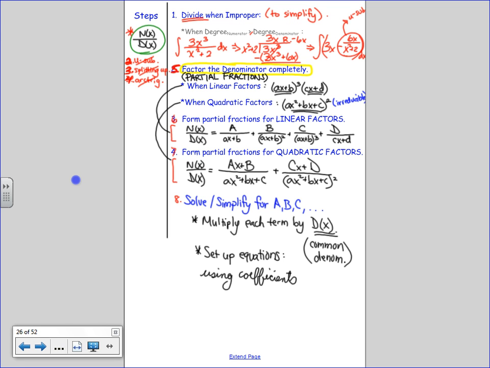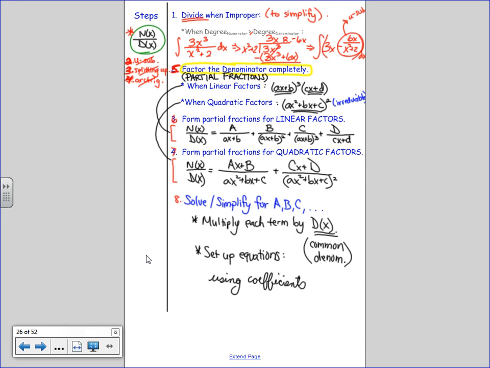We'll look at another example. I can maybe add some more words, but if I can make it simpler, it's better. There we go. That's the whole process. I forgot step 8. Silly me. Solve and simplify for A, B, and C. Get rid of all the fractions. We don't want them anymore. We want to be able to solve. So multiply everything by the common denominator, set up your equations using your coefficients, and then solve.